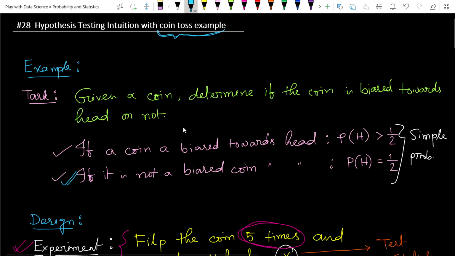I think you got the idea in detail of how hypothesis testing actually works in the real world, how we use these things and how we calculate this p-value, just using this simple coin toss example.